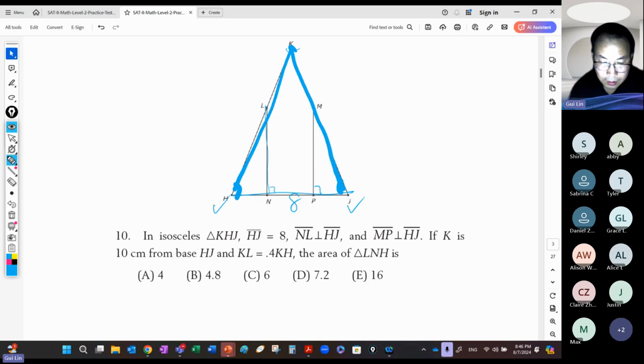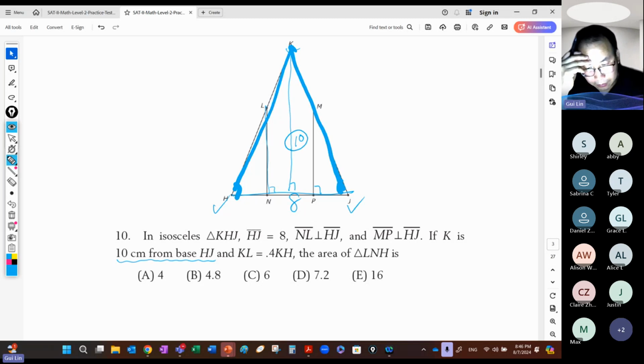If K is 10 cm from base HJ, so here is 10, right? And KL equals 0.4 KH. So here is 0.4 overall, and here is 0.6 overall.